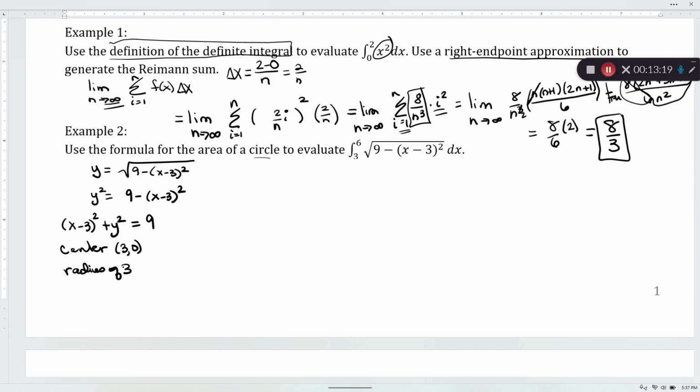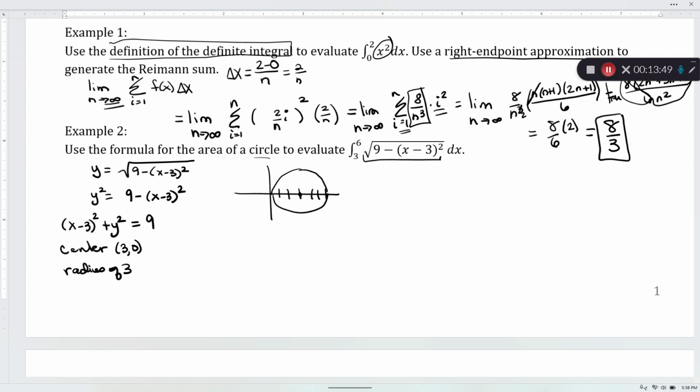Now, I don't want the area of the whole circle, okay? It says use the formula of area to evaluate this. We want the area. Now, it's a positive y, because it was a square root, so the answer there is a positive number. So the circle itself is like this.